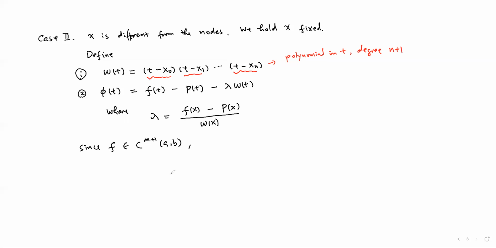Function f can be differentiated n plus 1 times. P is just a polynomial, so it has derivatives of any order. And w(t) is also a polynomial, with derivatives of any order. Lambda is a constant. Therefore, phi is also in this set.